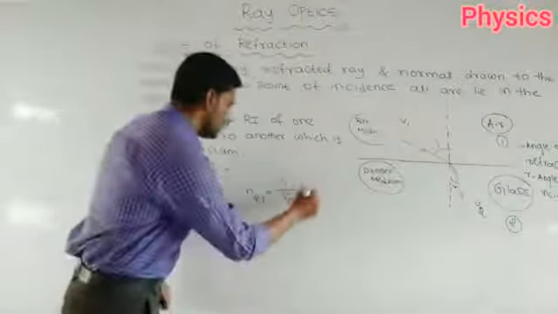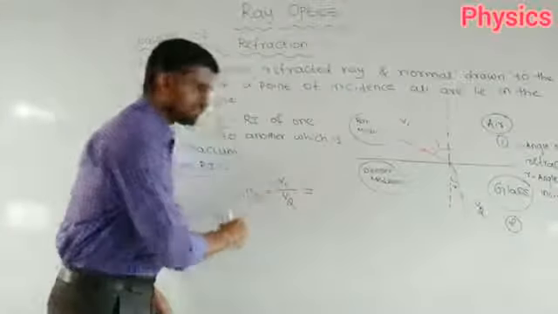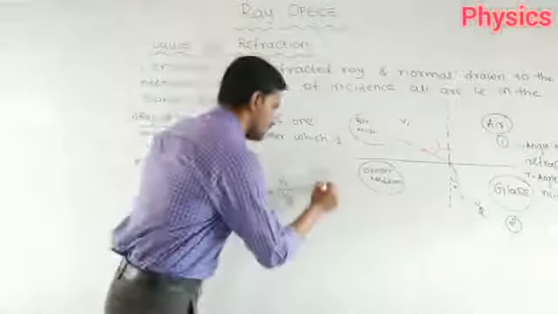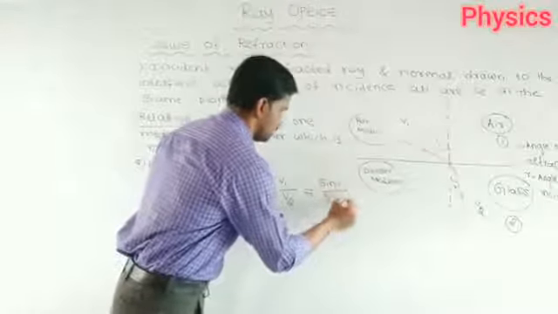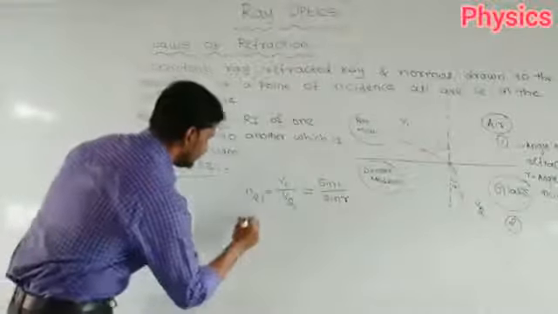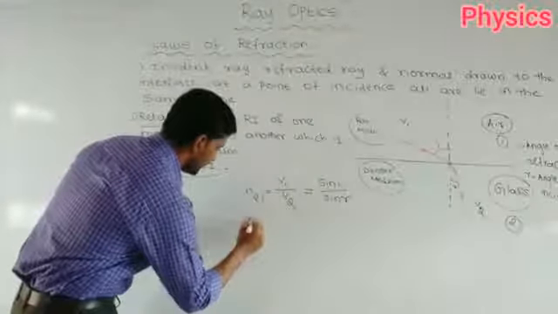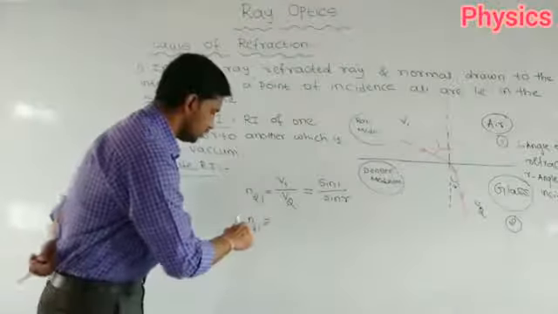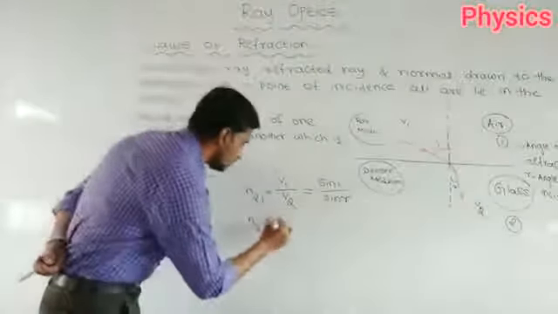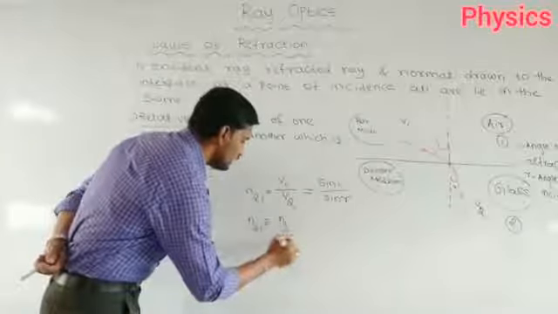We know that refractive index of second medium with respect to first medium is sine of angle of incidence, that is sine I divided by sine R. Right. N21 can also be written as N2 divided by N1.